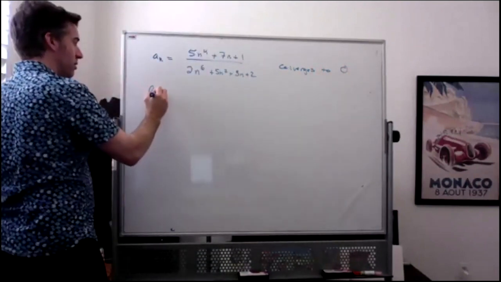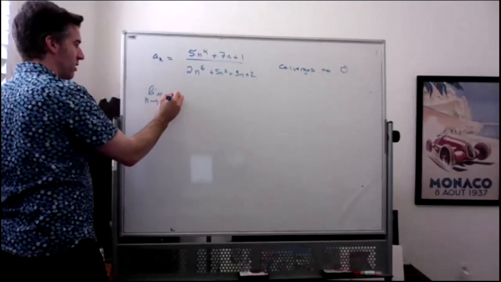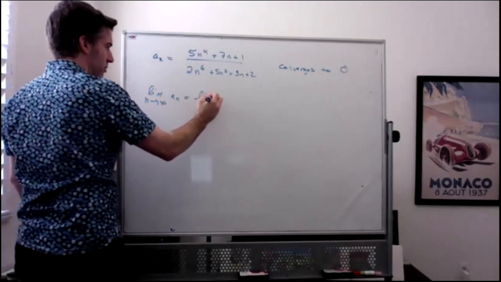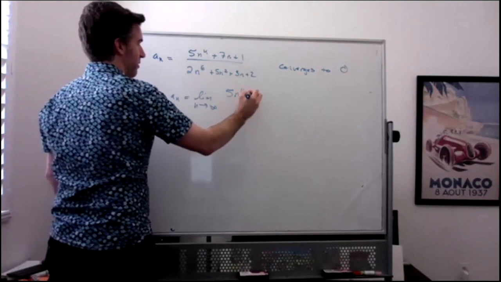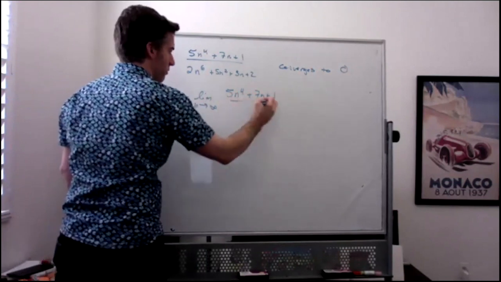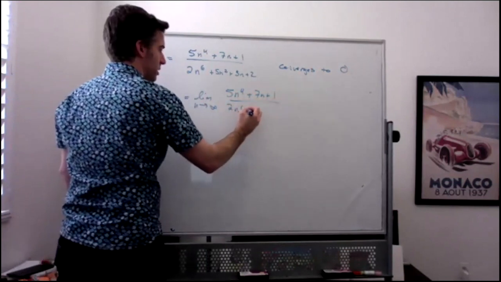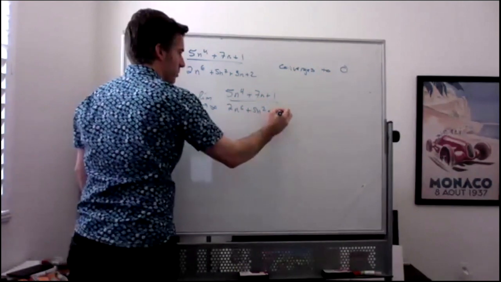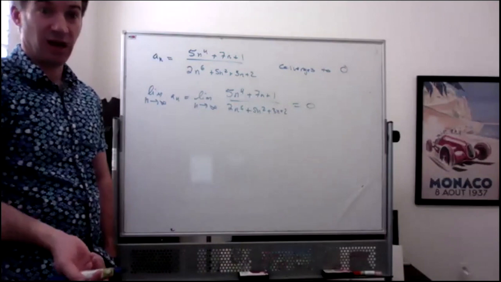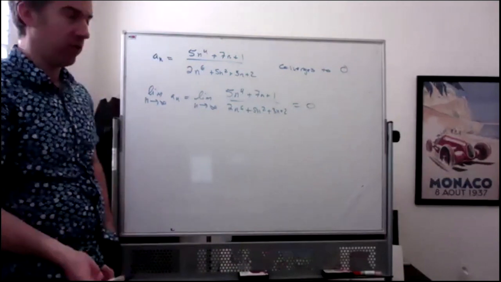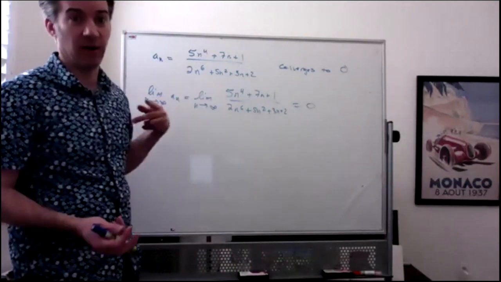Meaning the limit as n goes to infinity of a_n, which is the limit of this whole thing, has to be 0, because the degree on top is less than the degree on the bottom, or the highest power on top is less than the highest power on the bottom.